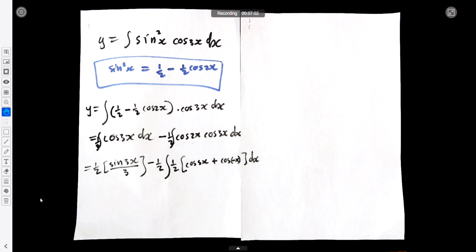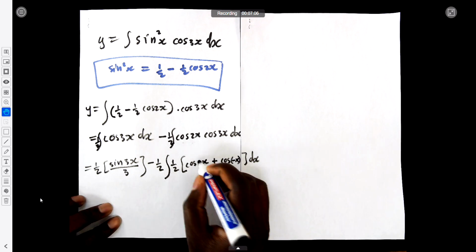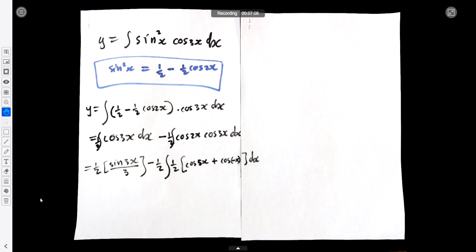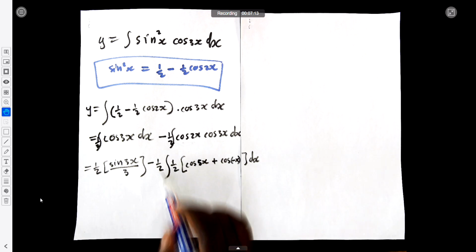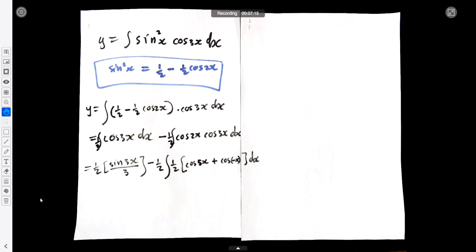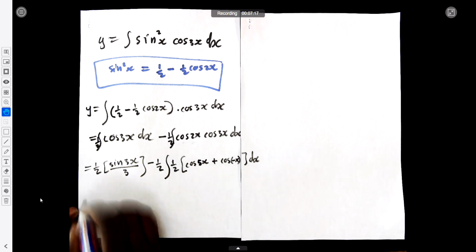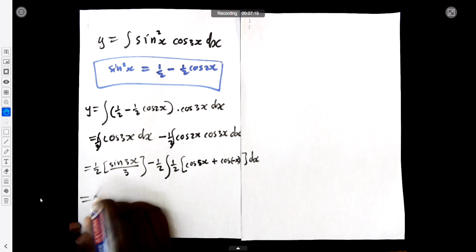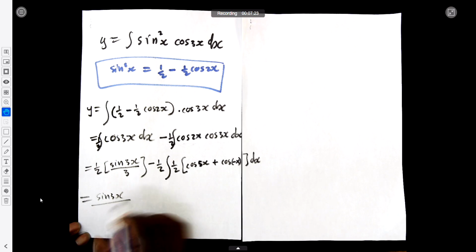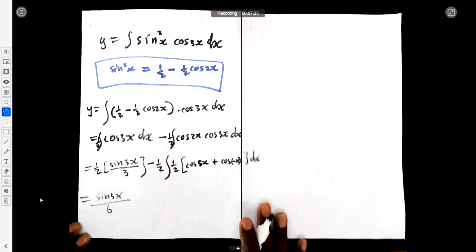I hope you see what is happening. We're substituting half cos 5x plus cos negative x dx using the identity. When integrated, please don't lose the integral sign. Simplifying this first term, we're going to have sine 3x over 6.